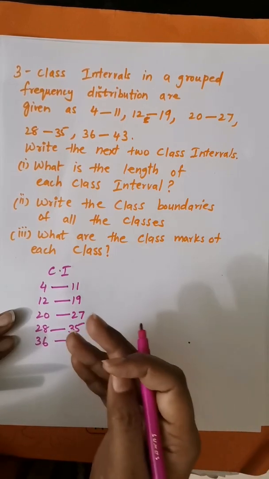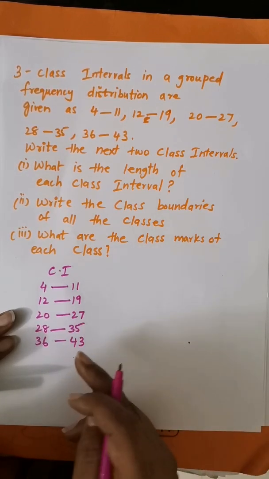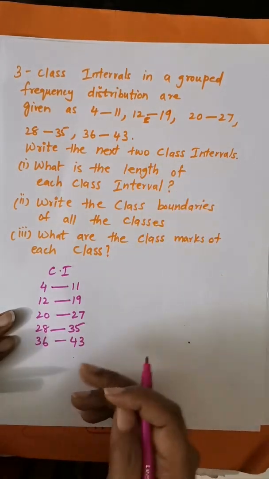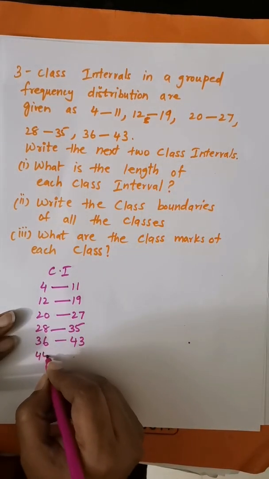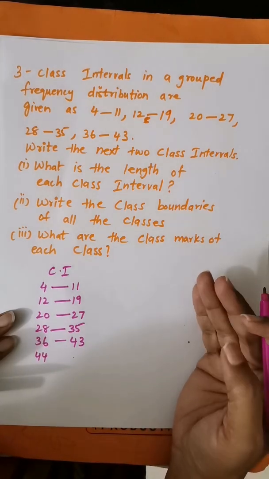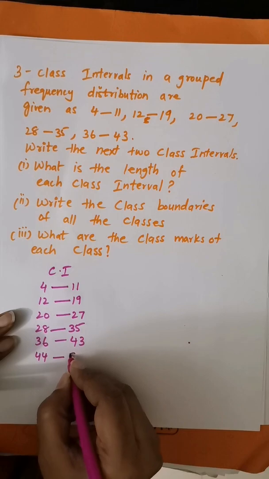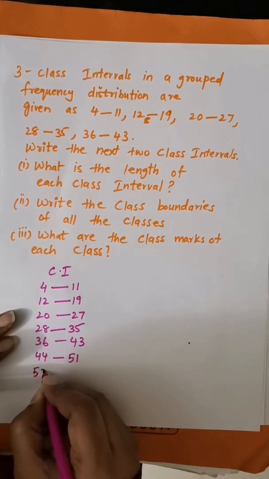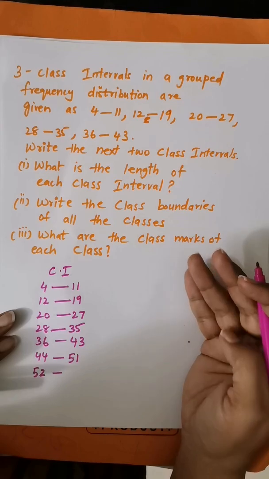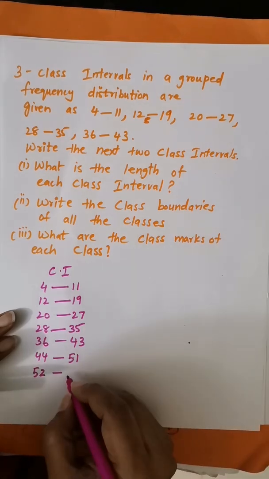So now you have to complete the next two, that is 44, 45, 46, 47, 48, 49, 50, 51. Then 52, 53, 54, 55, 56, 57, 58, 59.